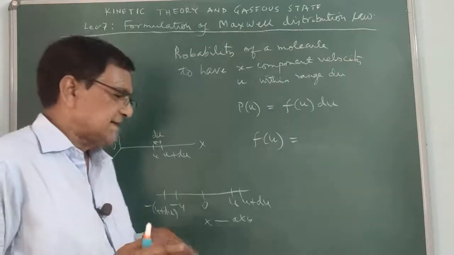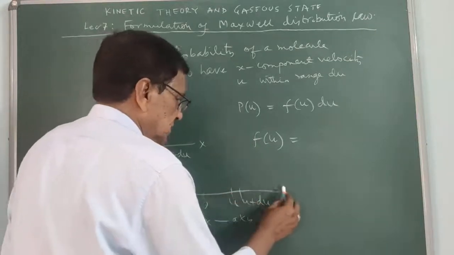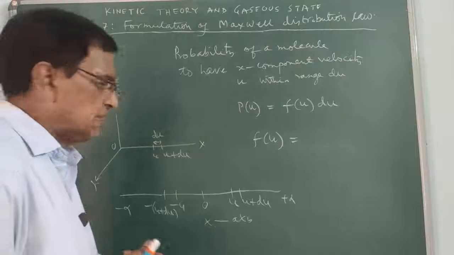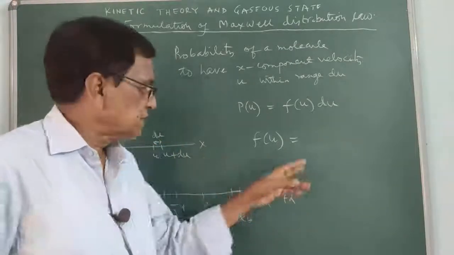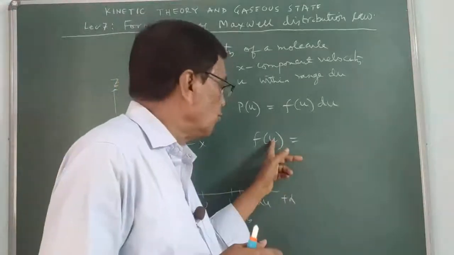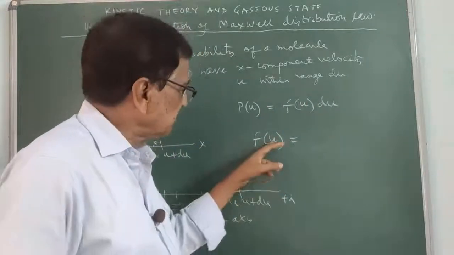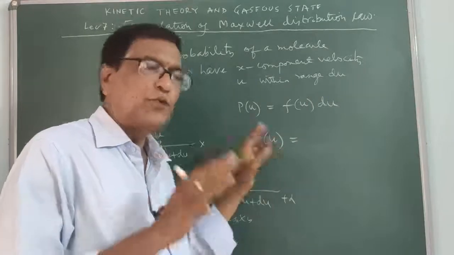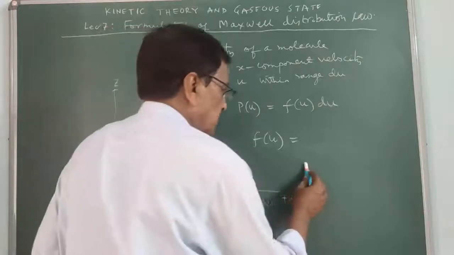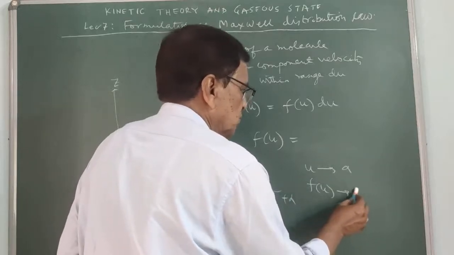A molecule has the same probability to move from 0 to plus infinity and from 0 to minus infinity. So the expression of this distribution function must not contain u, but it may contain u squared. Again, whenever u tends to infinity, this f(u) tends to 0.